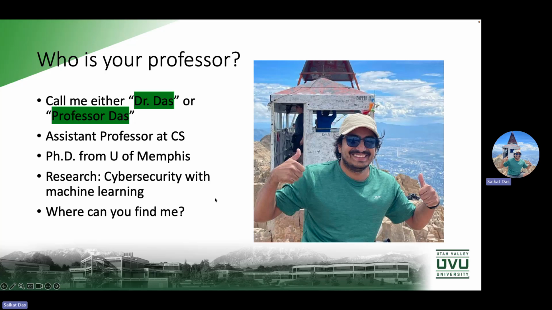The biggest question is where you can find me since it is an online course. You can find me in the Smith Engineering Building, 410A. I try to be there during my office hours or some other times, so probably you can find me there.